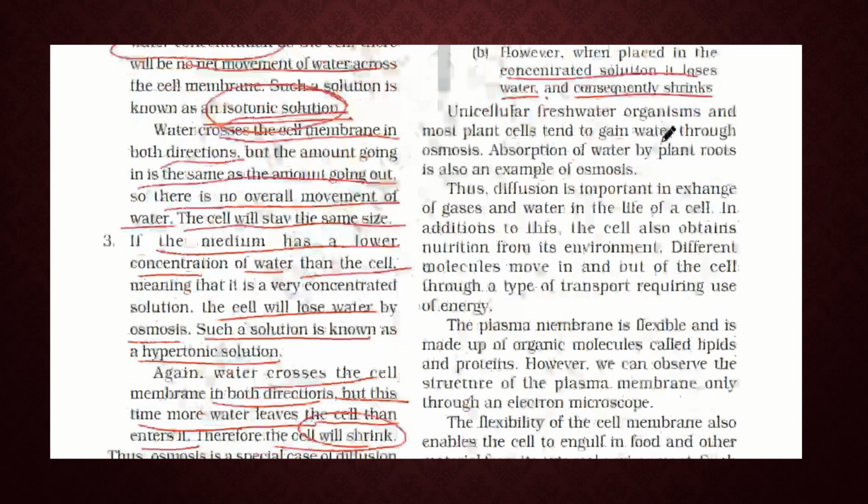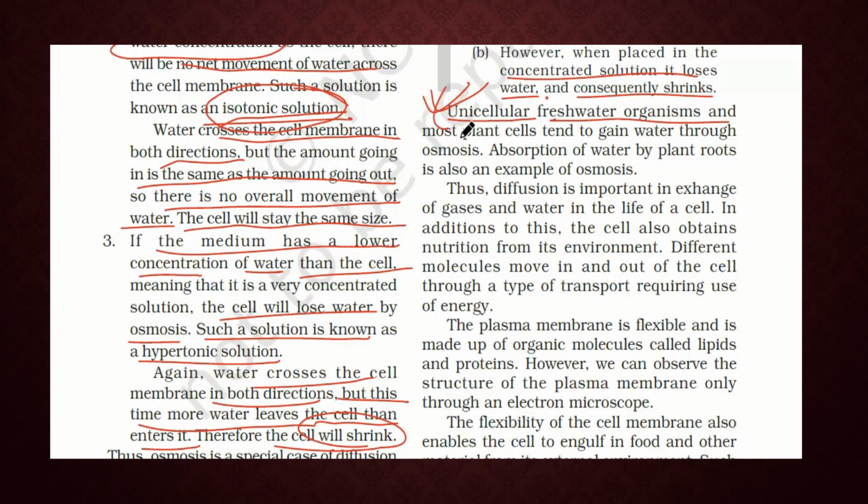Now in case of animals, what is happening, we will see this also. This is very important. Unicellular freshwater organisms and most plant cells tend to gain water through osmosis, right? Now absorption of water by plant roots is also an example of osmosis. Thus diffusion is important in exchange of gases and water in the life of a cell.